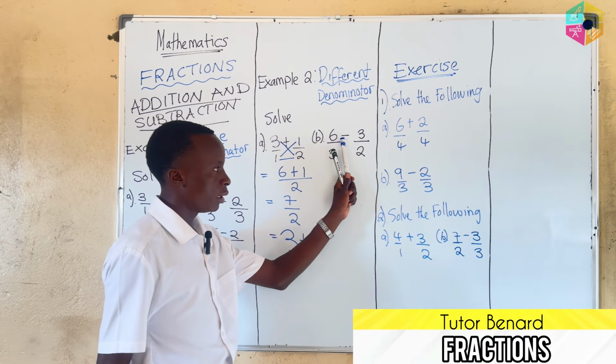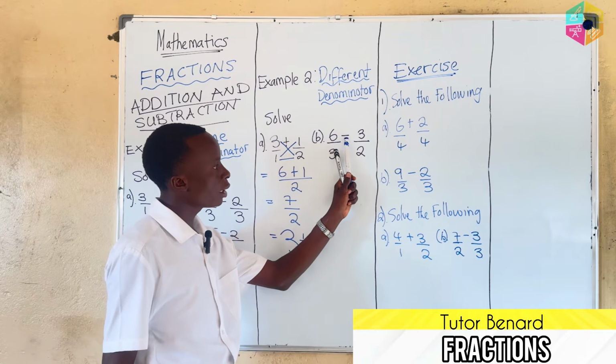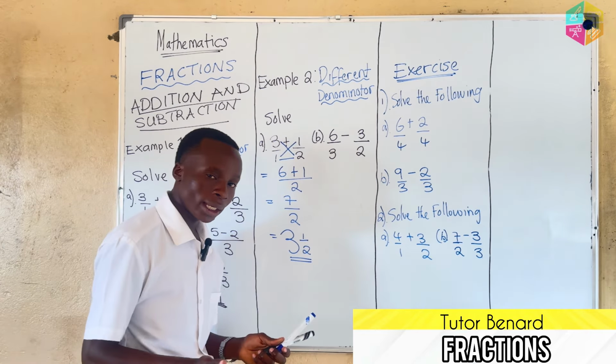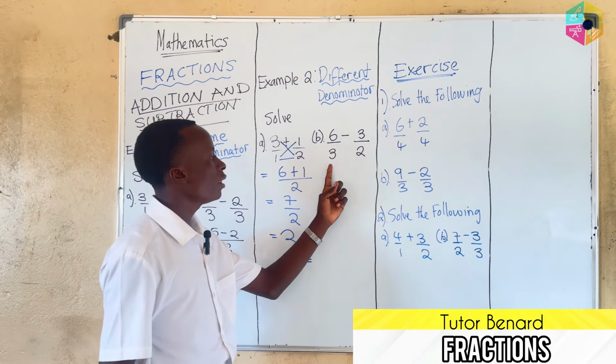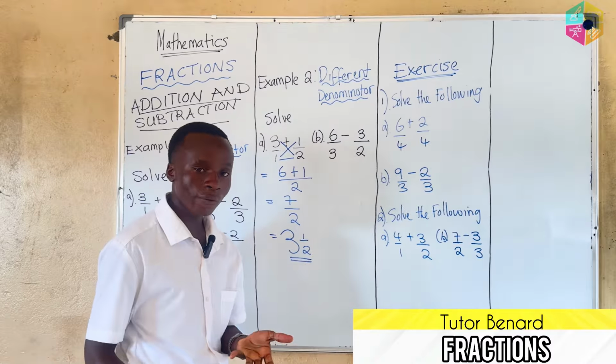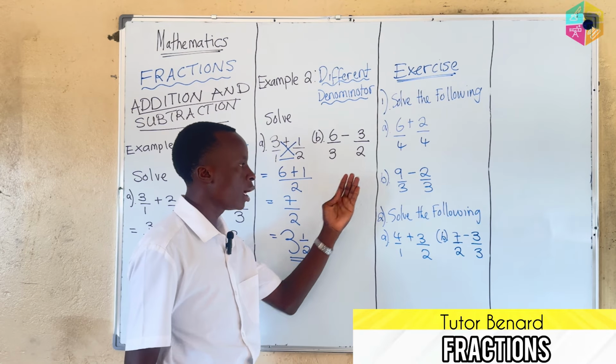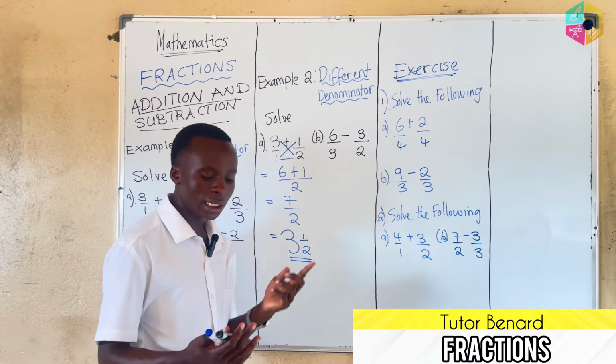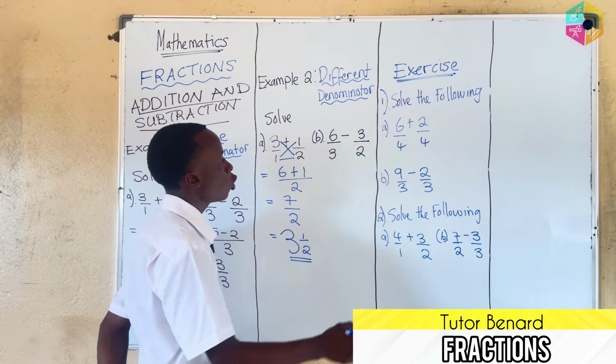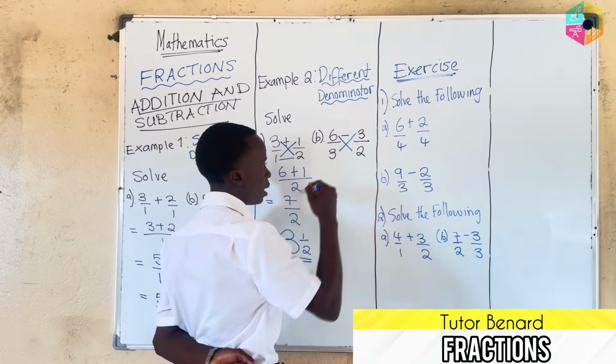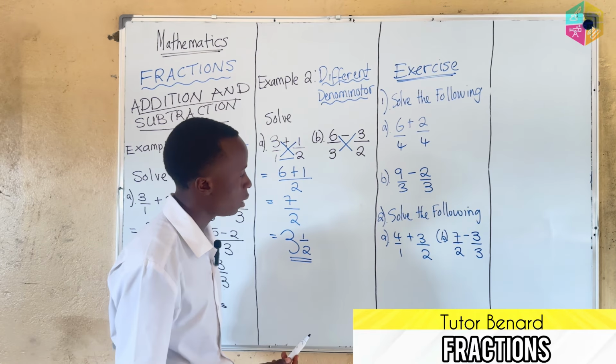Question B. Now we are subtracting. Here we were adding, but right now we are subtracting. Again, the same principle. Are the two denominators the same or different? They are different. Since they are different, what are we supposed to do? We introduce an x there, which is cross multiplication.